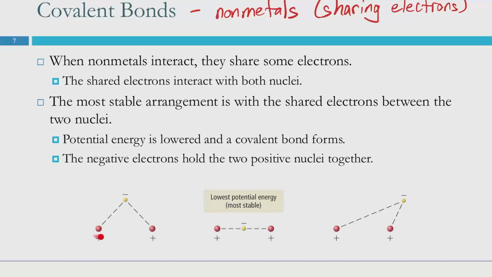They're further away from both of the positive nuclei. It's also not a great place to keep your electrons way over closer to one positively charged center, because we've got a really long distance to the other. The most stable, lowest potential energy place is right between your two nuclei.